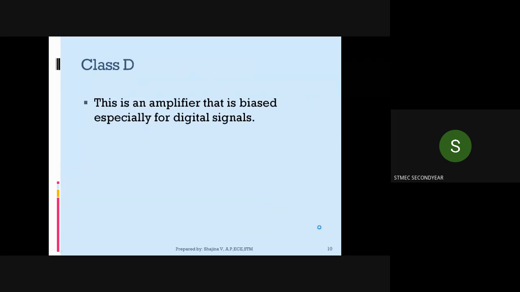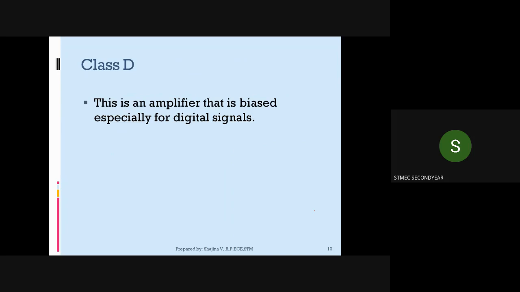And finally coming to class D amplifier, I'm just mentioning that it is based on digital applications. Class D, class S are different amplifiers for digital applications also. So mainly our classification is class A, class B, class AB, and class C.